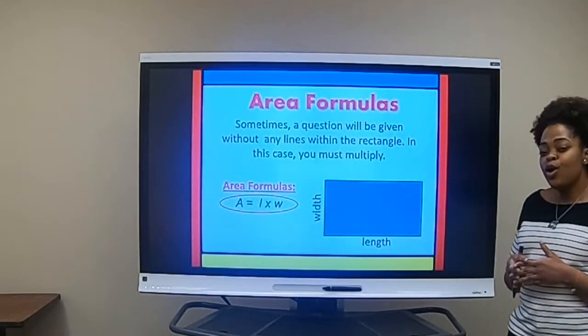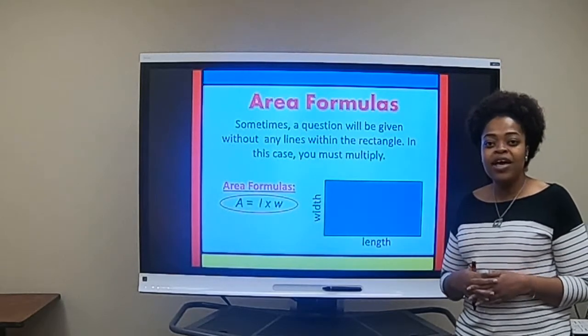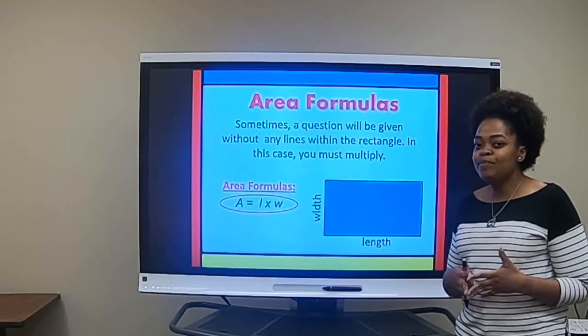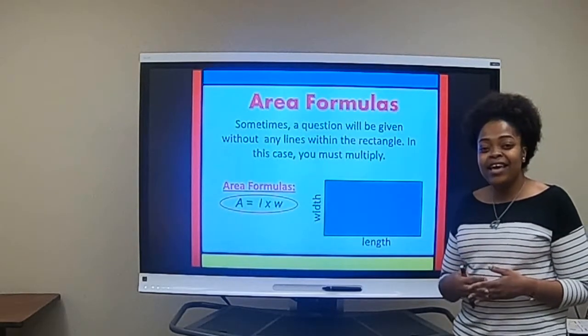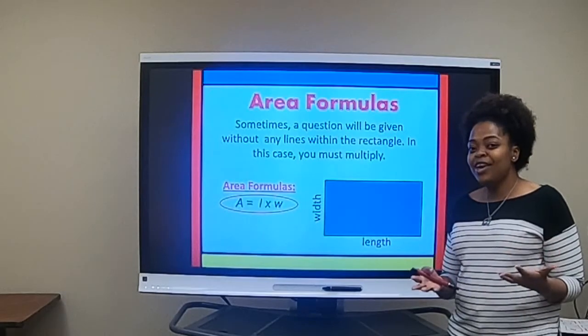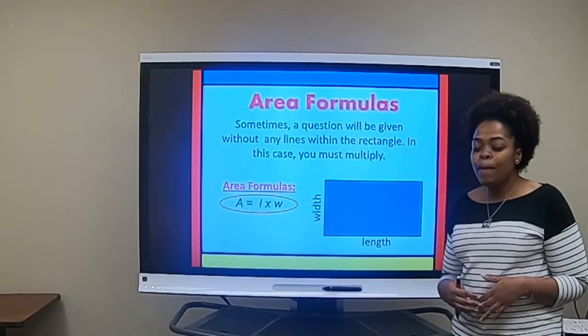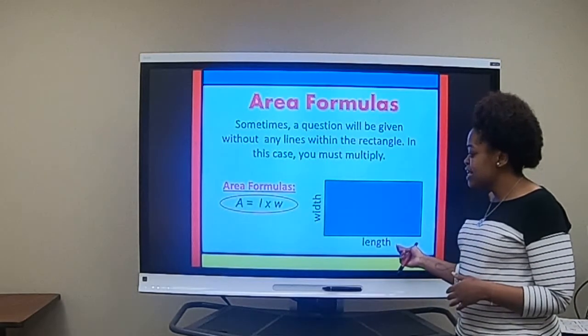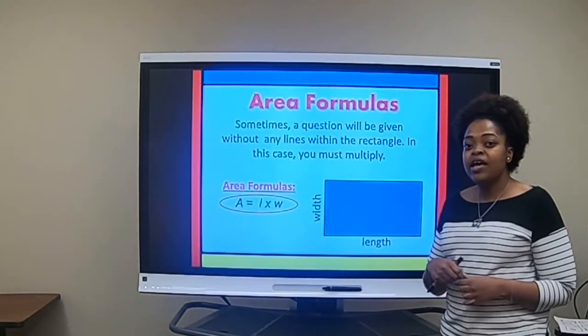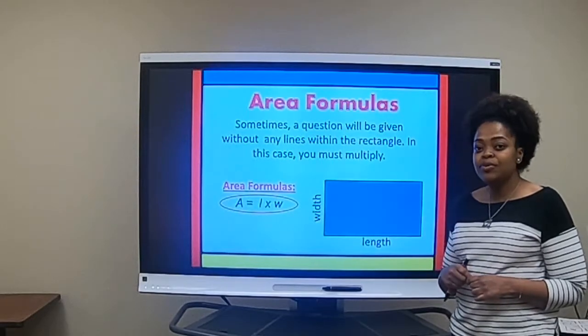In this case, we can use what we call a formula for area. The formula for area is A equals L times W. That means that area is equal to the length times the width of a shape or an object.